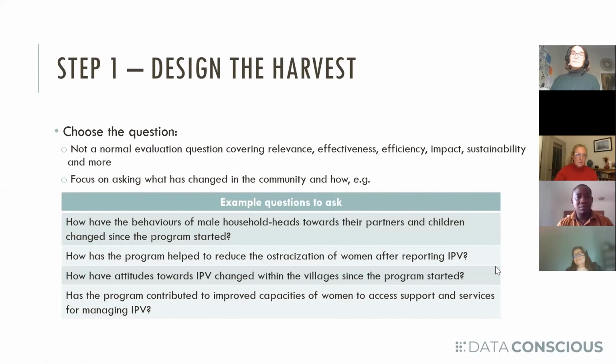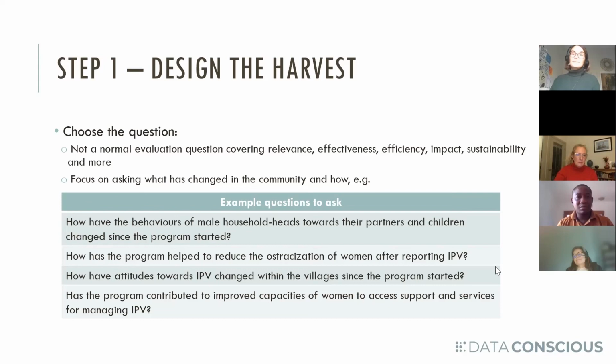No, what we need is a question that focuses in on asking what has changed in the community and how. So these are examples that you see on the screen. It's common to have 2 or 3 different questions in a single outcome harvest. But really what you need to do is make sure they're clear questions. So these questions are important and I'll walk through them.